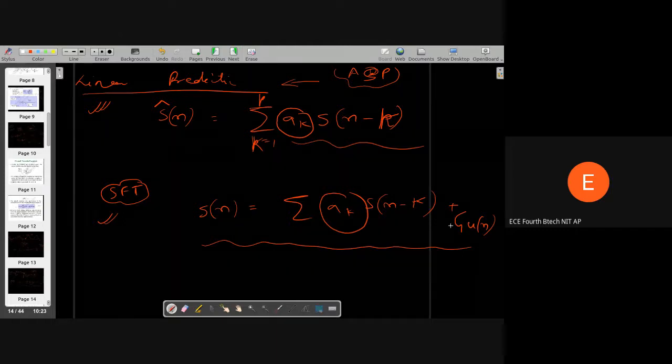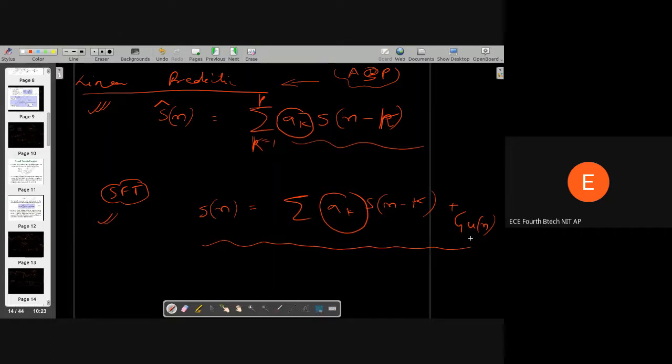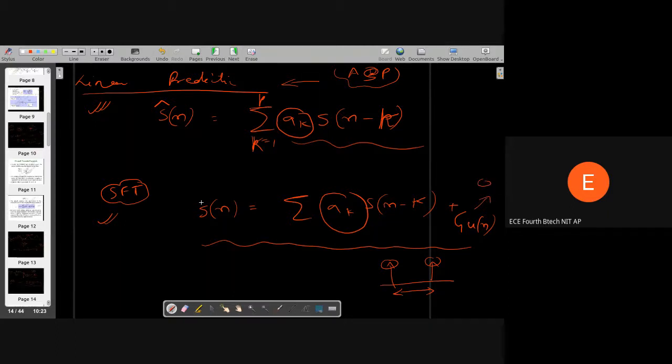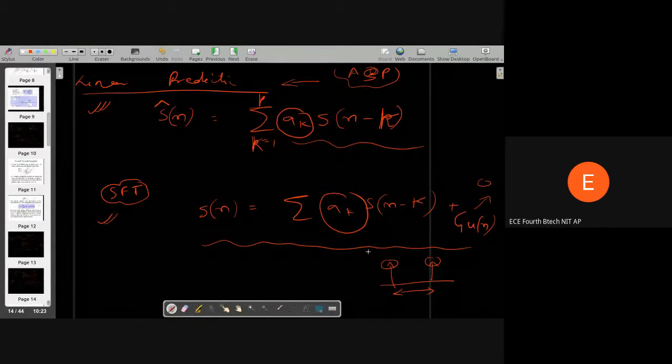In between the impulses of the impulse train, this term becomes zero, and the speech signal is simply a combination of its previous samples.